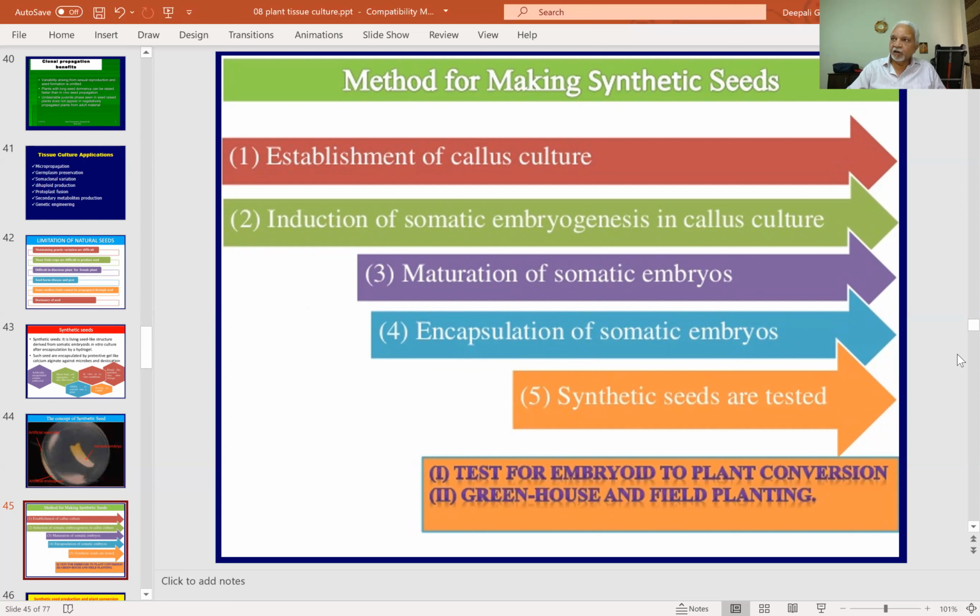So this is the total outline of the activities involved in producing synthetic seeds: establishment of culture, induction of somatic embryos, maturation of embryos, encapsulation, and testing of synthetic seeds by germinating them in the lab, taking the plant to the greenhouse, and then to the field. When your synthetic seed stock undergoes all this, you are ready for preserving these synthetic seeds for future use.